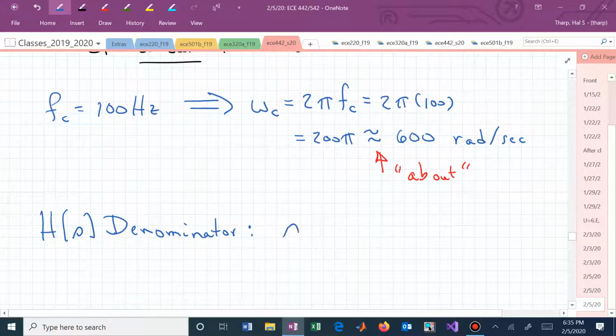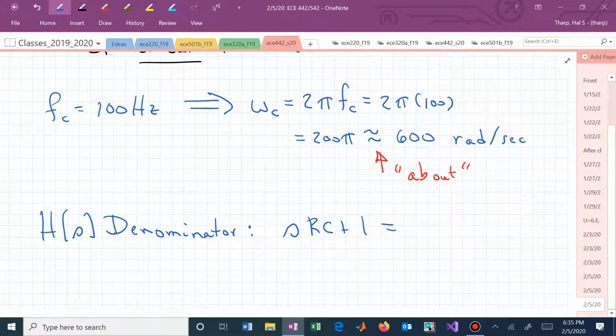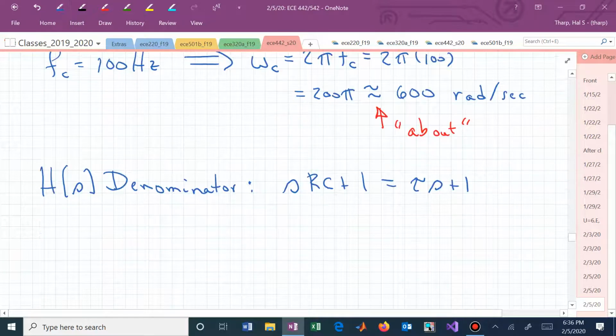We have our denominator as SRC plus 1. See, you're buying yourself time in this interview. You're just writing things down, and that gives you time to think about what you need to answer this. You now have, oh, that's tau S plus 1.